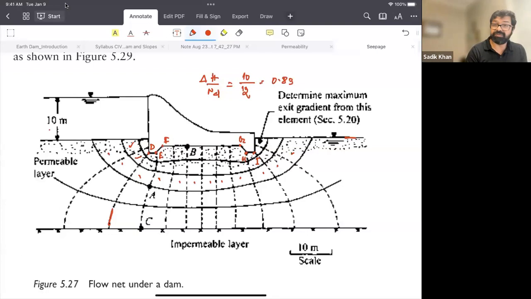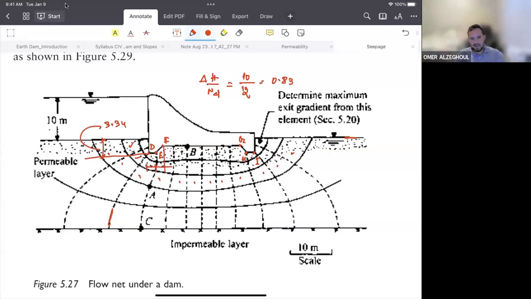Now you have 3.34, so this distance here is 3.34, and each of the lengths is 1.67, and here we have 1.67. So now at point D, what is the total head?